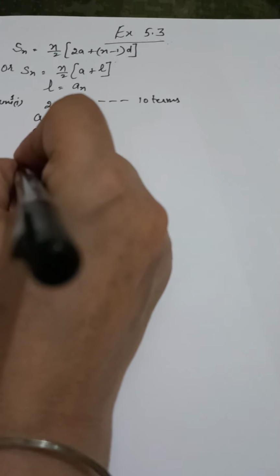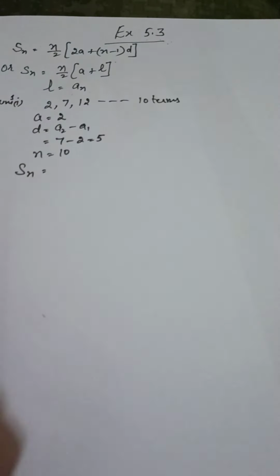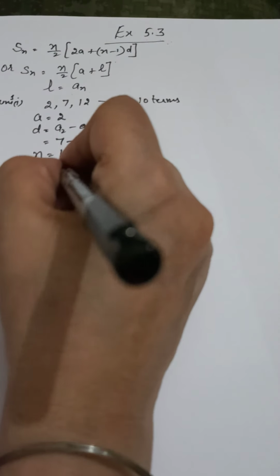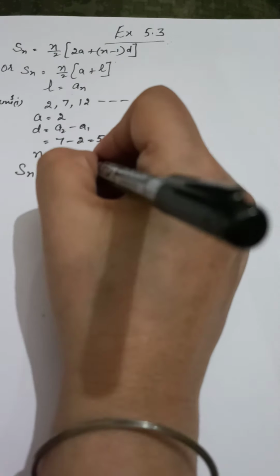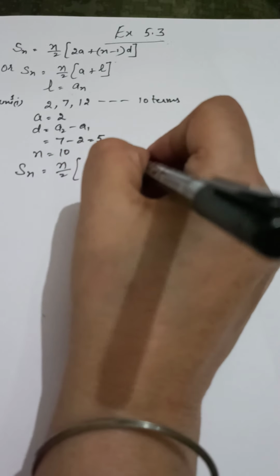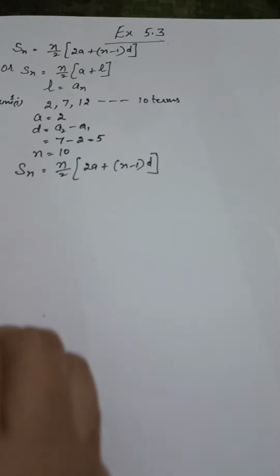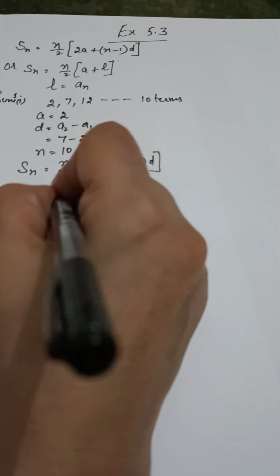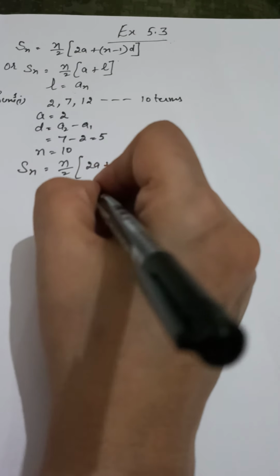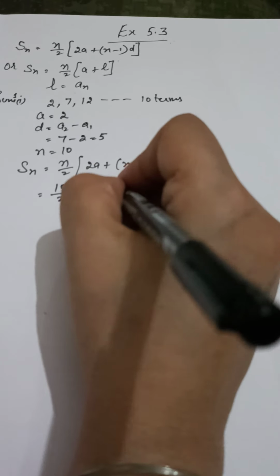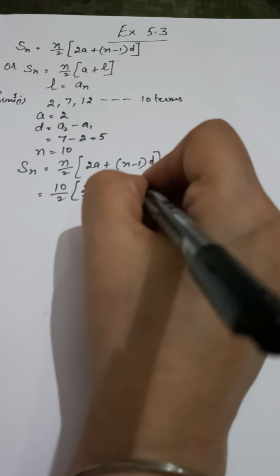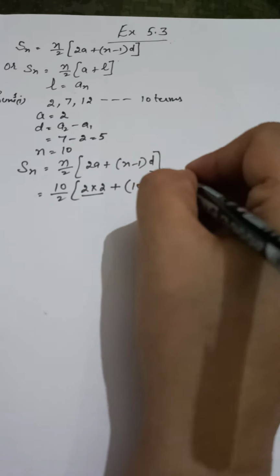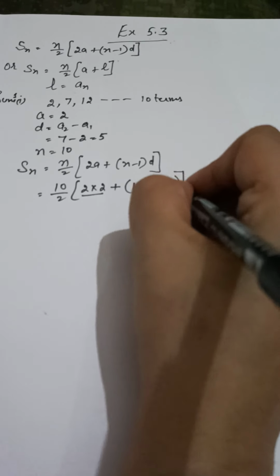Now you have to find Sn, so fill the values in the formula of Sn. Sn is equal to n upon 2 (2a plus (n minus 1) into d), that is equal to 10 upon 2 (2 into a, value of a is 2, plus (n minus 1), 10 minus 1, and d is 5).